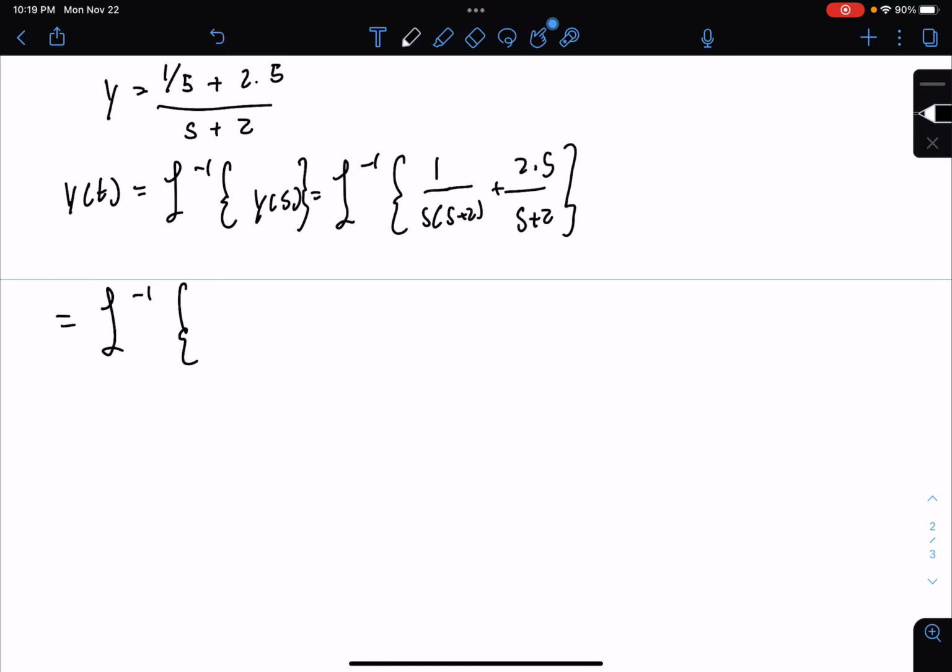Okay, so here we will be expanding fractions, partial fraction expansion, which is covered in multivariable. So essentially, we just remove all numerators and replace them with constants. So we have A plus B, and then since 2.5 is on the other side of the equal sign, we have to keep 2.5.